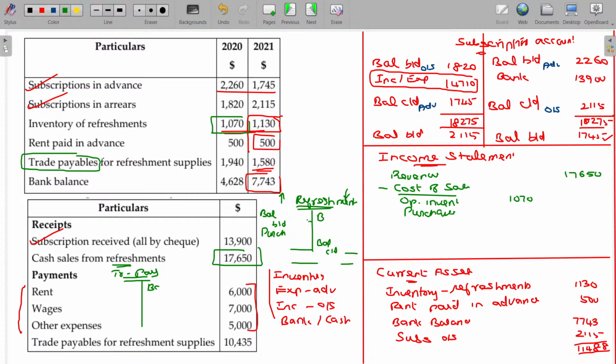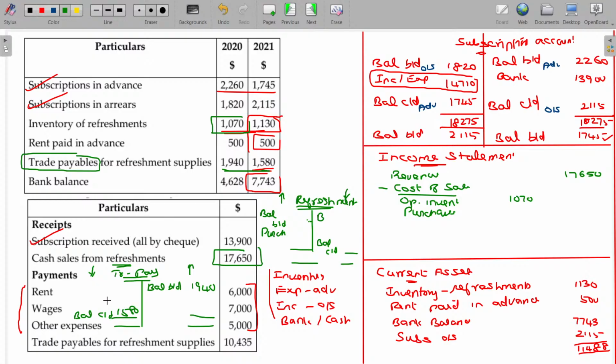In case of trade payables, the balance brought down is on the credit side, and the balance carried down should be on the debit side. If the amount payable to them increases, it should be posted here; decreases should be posted here. Trade payables for the refreshment: in the beginning 1940, in the end 1580.